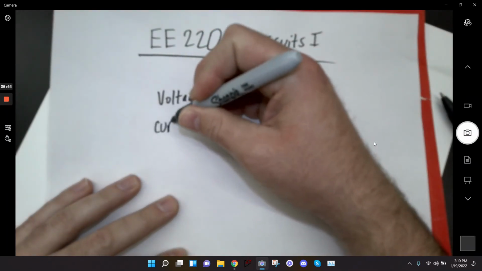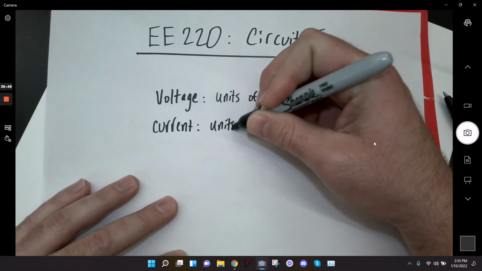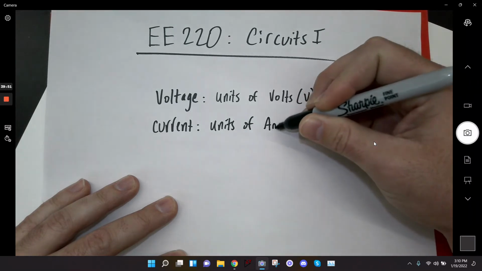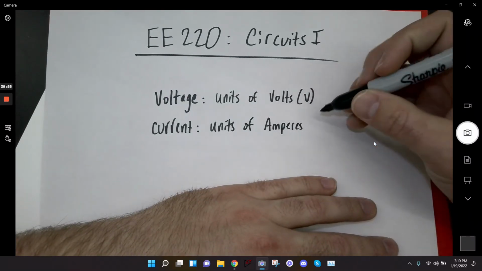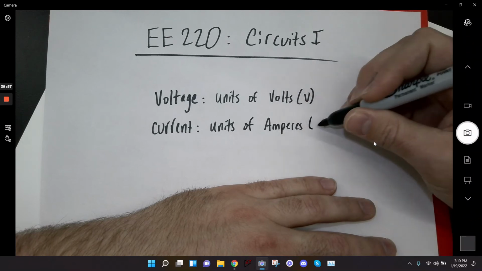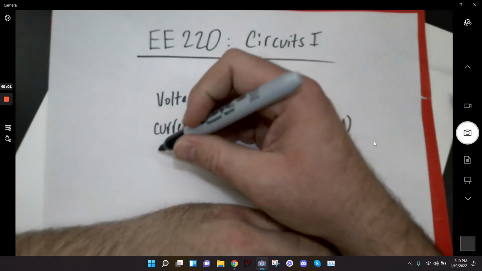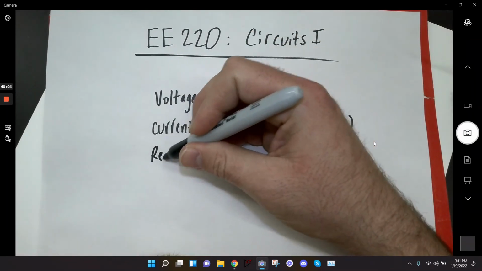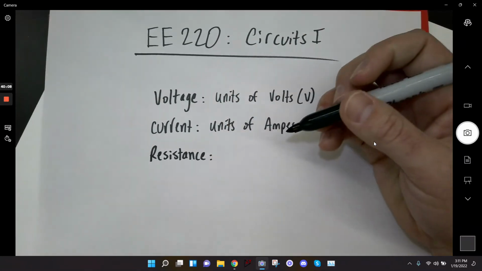Current, which has units of amps. Okay, it's actually amperes is what it's called, but we call them amps. And resistance. And I'm going to talk today about the relationship between the three of these things.